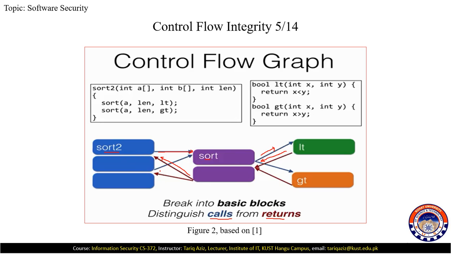Now sort2 is again calling the sort function here, and this time the sort function calls the GT function, and then the value is returned to the sort function, and this value is then returned to the sort2 function. So this is the calling and returning mechanism of this CFG.